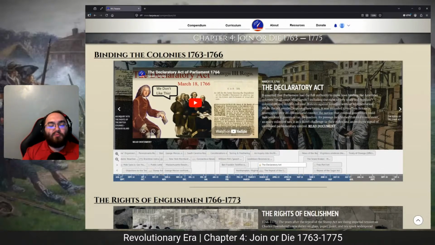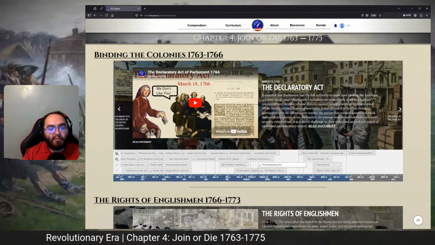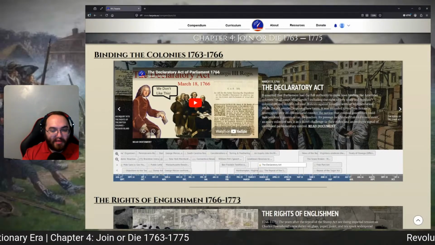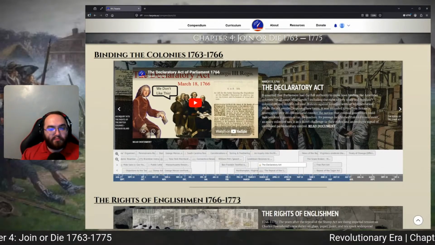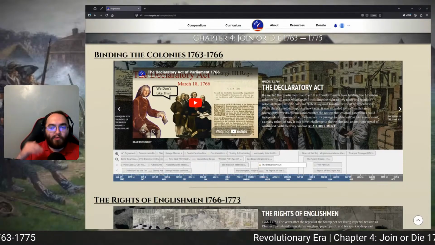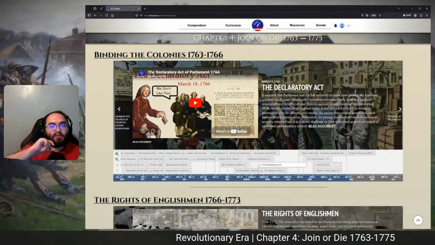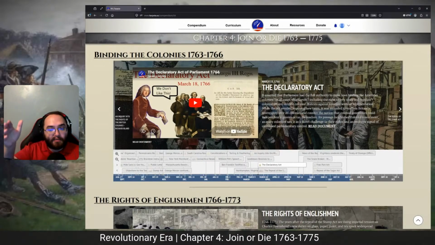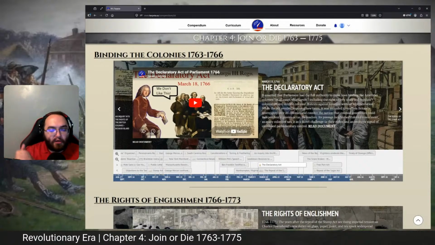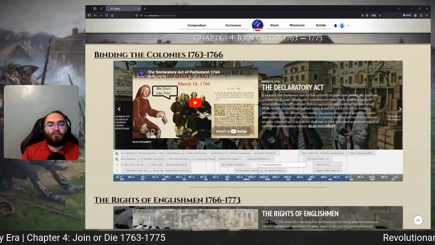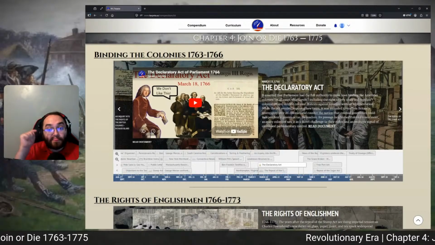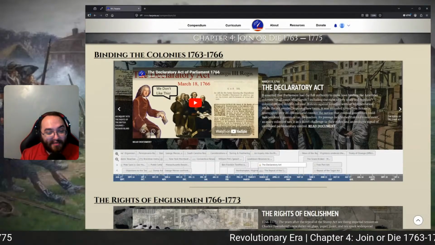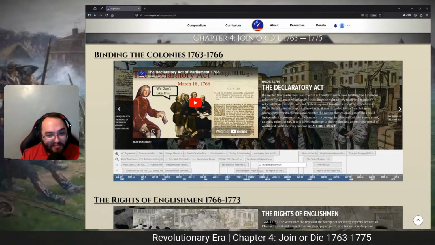In all cases whatsoever, to bind the colonies in all cases whatsoever, is going to be repeated in so many petitions. And when you read the Declaration of Independence, when you read in the beginning, it talks about Parliament and the King, or mostly the King, trying to establish an absolute tyranny. This is what they're talking about in the Declaration of Independence.